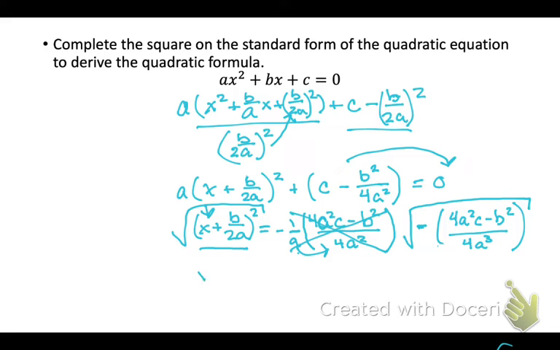So then I get x plus b over 2a equals 2a minus b. Let's distribute this in. I don't like that negative hanging out there, do you? No? So that would be positive b squared and then minus 4a squared c.